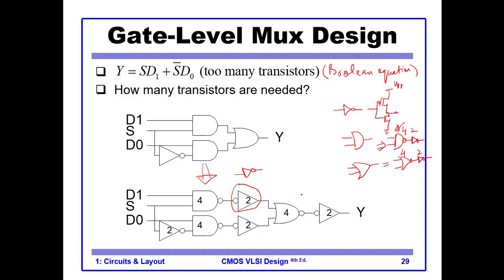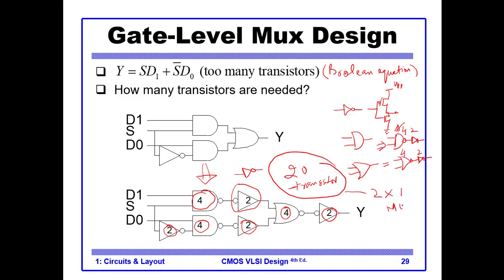Now counting the number of transistors, we have 4 plus 4, 8, 10, 12, 14, 18 and 20. So we have in total 20 transistors for a 2x1 mux.